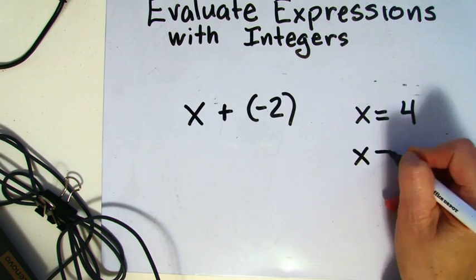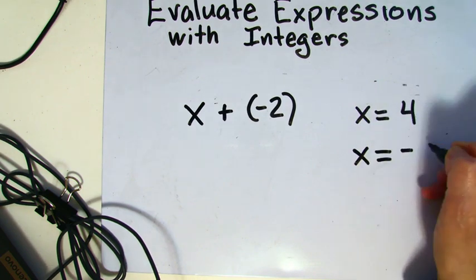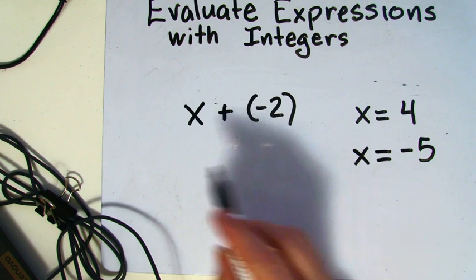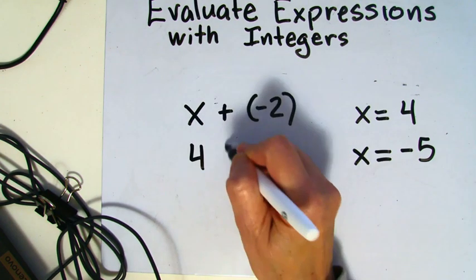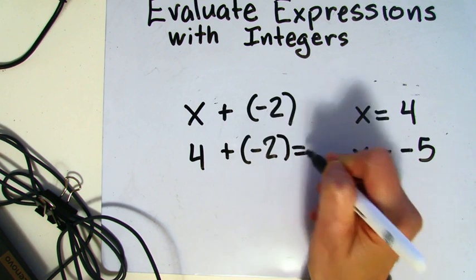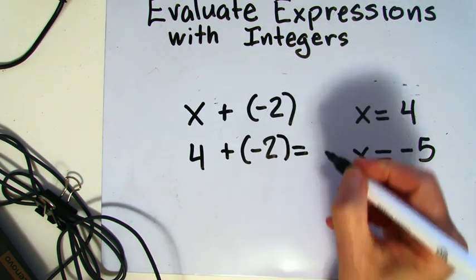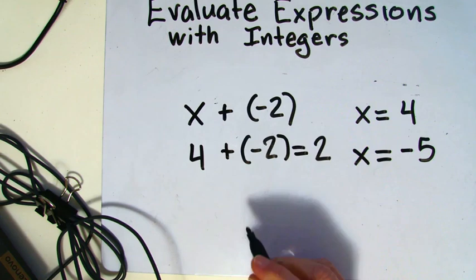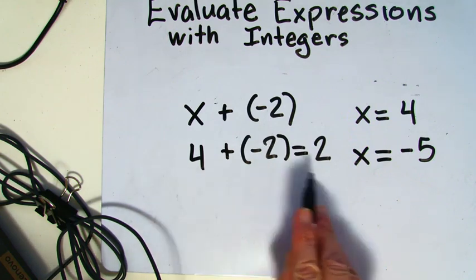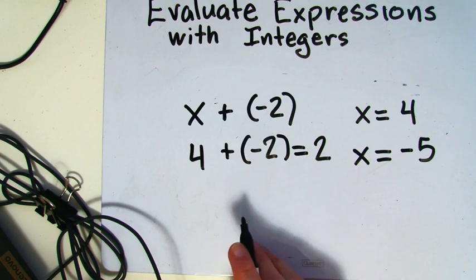X will also be a negative 5. So we're going to plug in that 4. You should get a positive 2. We're taking the difference, and 4 is larger, that's positive, positive 2.